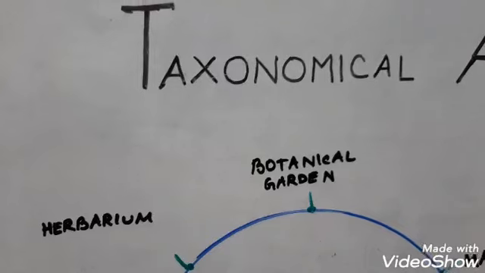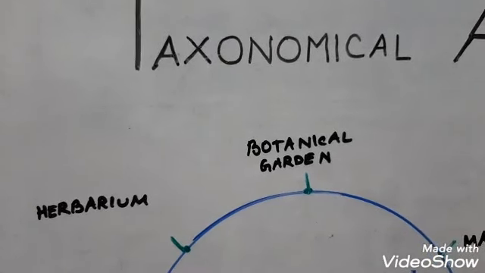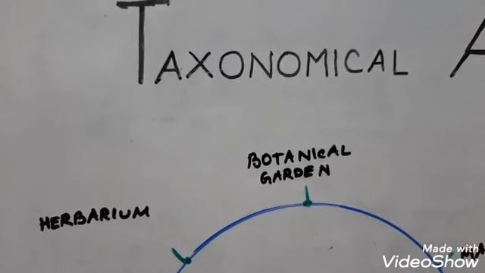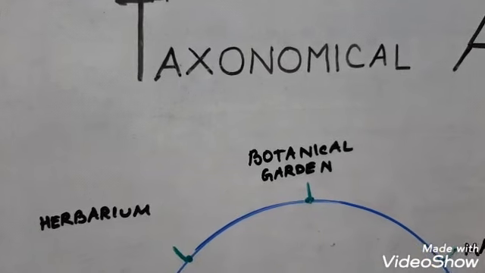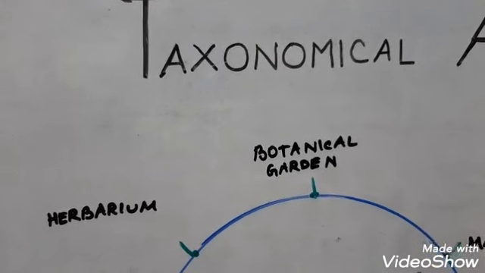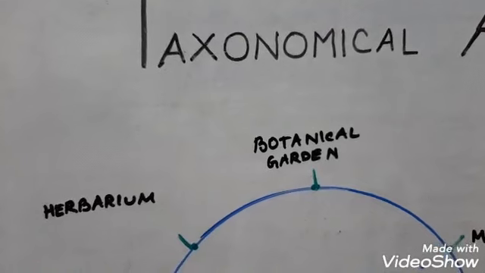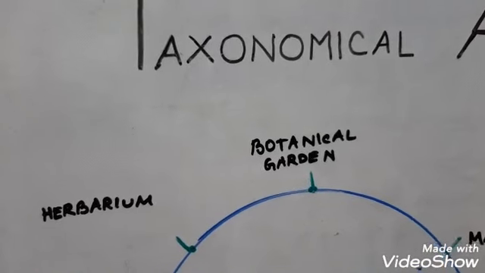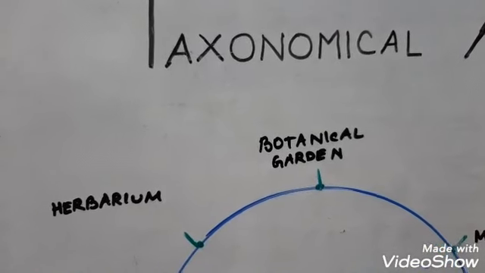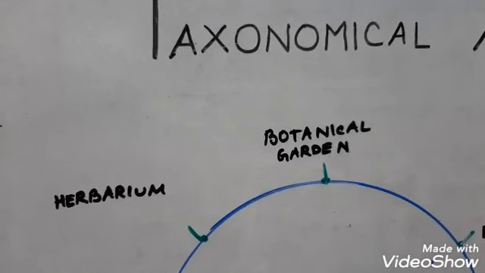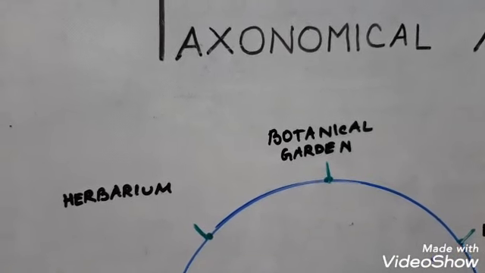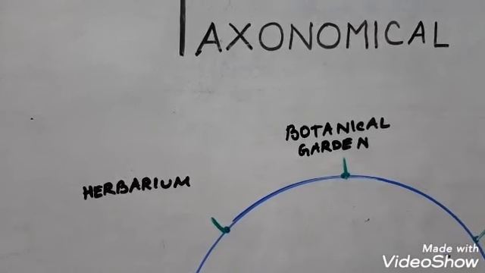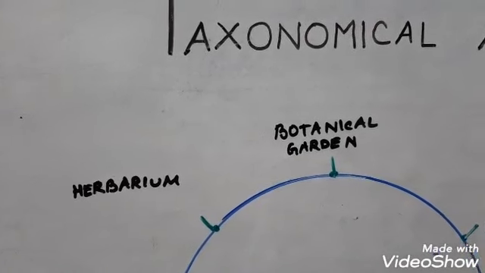Now let me tell you some of the very important botanical gardens present in India as well as in other countries. In India, Lloyd Botanical Garden in Darjeeling and National Botanical Research Institute in Lucknow, which is very important, and the most important, Indian Botanical Garden in Howrah, Kolkata.